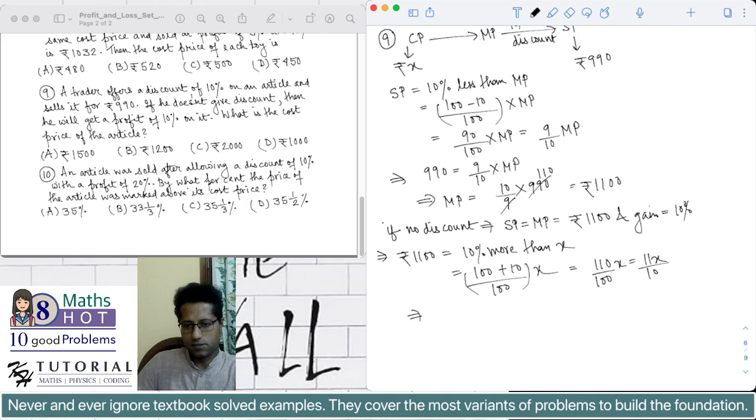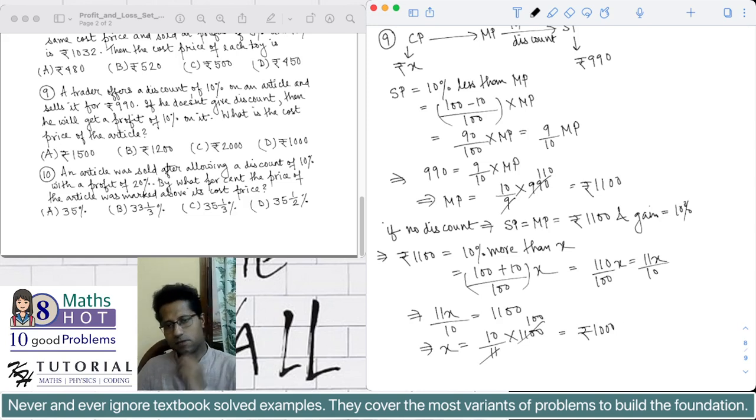So from here we can say that 11X by 10 is equal to 1100. This implies X is equal to 10 by 11 multiplied by 1100. This is equal to rupees 1000. So the cost price is rupees 1000, and hence the answer is choice D.